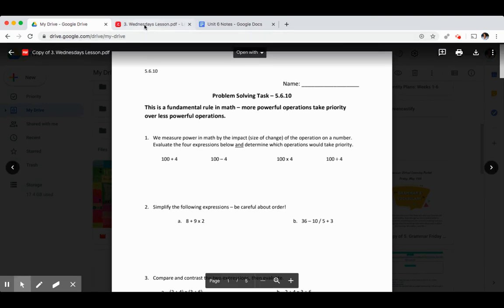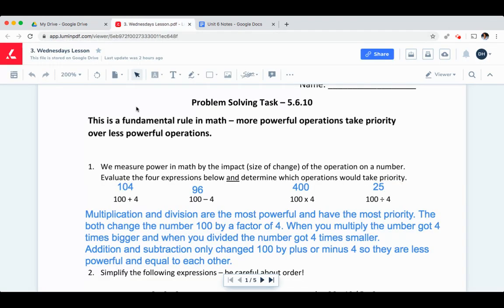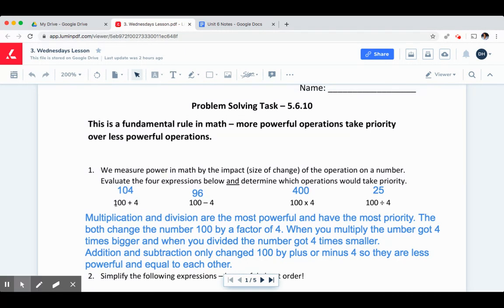So for number 1 on the problem-solving task, we are asked to measure the power in operations. To do that, we were given the number 100, and then we used the 4 different operations and changed it by the same amount, 4. So we did 100 plus 4, 100 minus 4, 100 times 4, and 100 divided by 4.